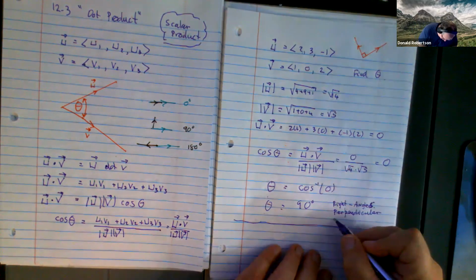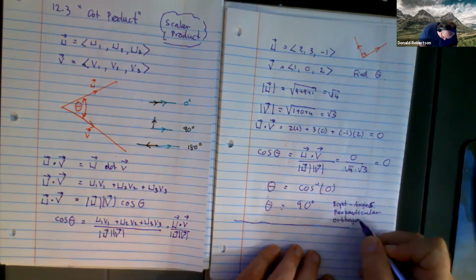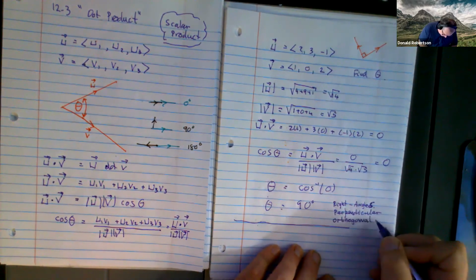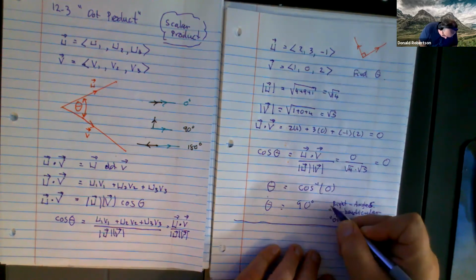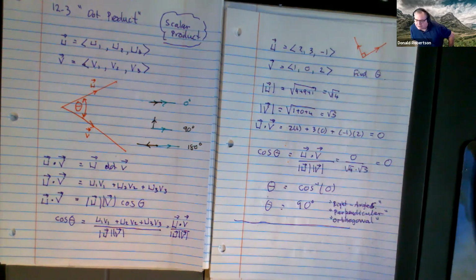But the one that I'd like us to use is the term that they're orthogonal. So if two vectors make an angle of 90 degrees, we say that these two vectors are orthogonal. Have you heard that name?